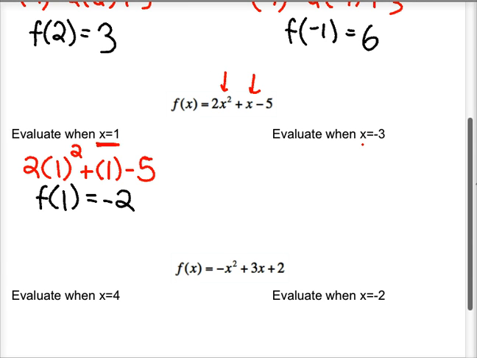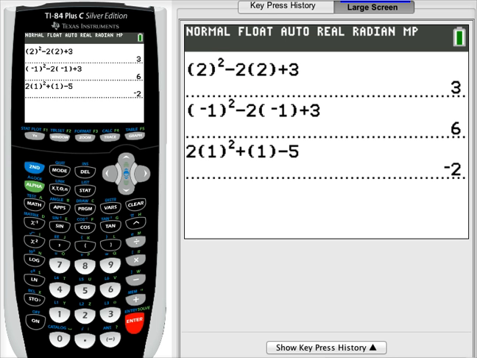Now let's see what happens when I plug in -3. Again, that coefficient, that 2 stays outside. Only the -3 is inside my parenthesis. Plus -3 minus 5. Let's plug that in and see what we get.